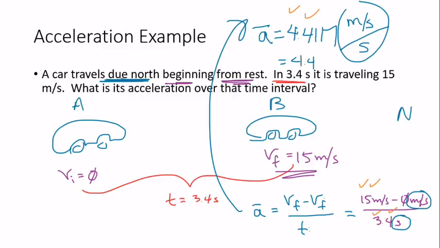We got units of meters per second, and you can leave it that way, or you can combine these seconds, and they actually will combine, not cancel, to give you seconds squared. So another way to do that would be meters per second squared, kind of squeezing it in there, but that's a good solid answer.